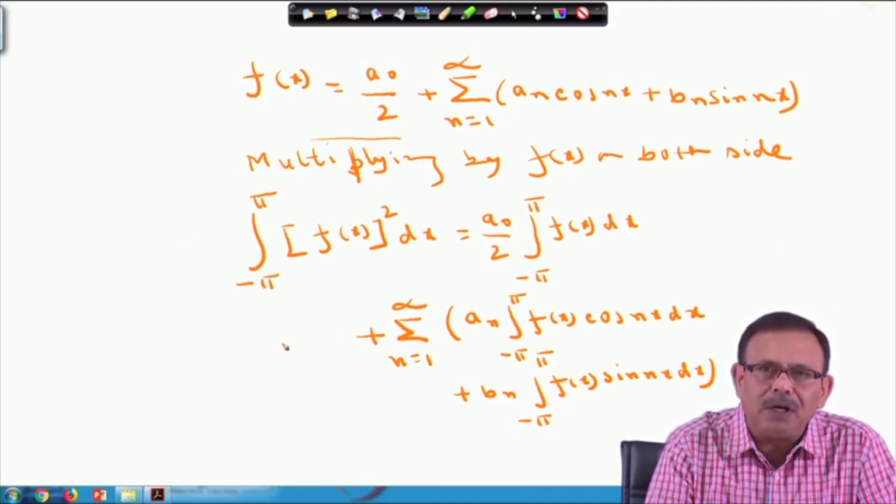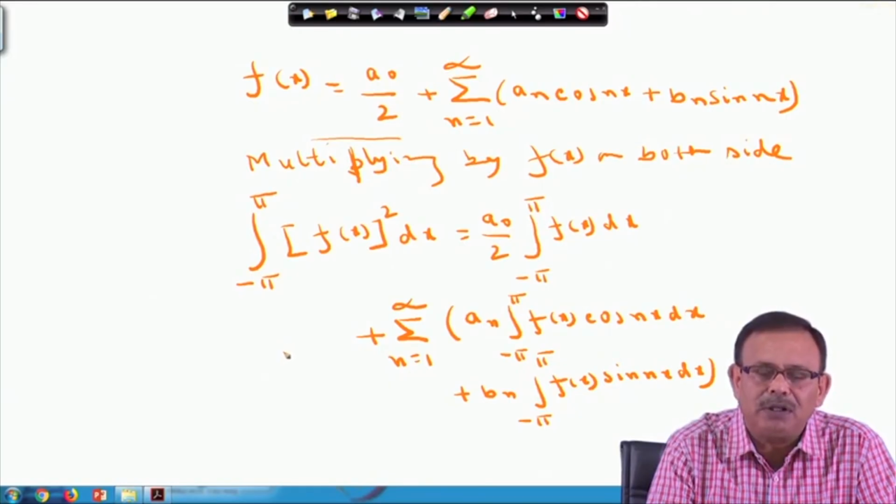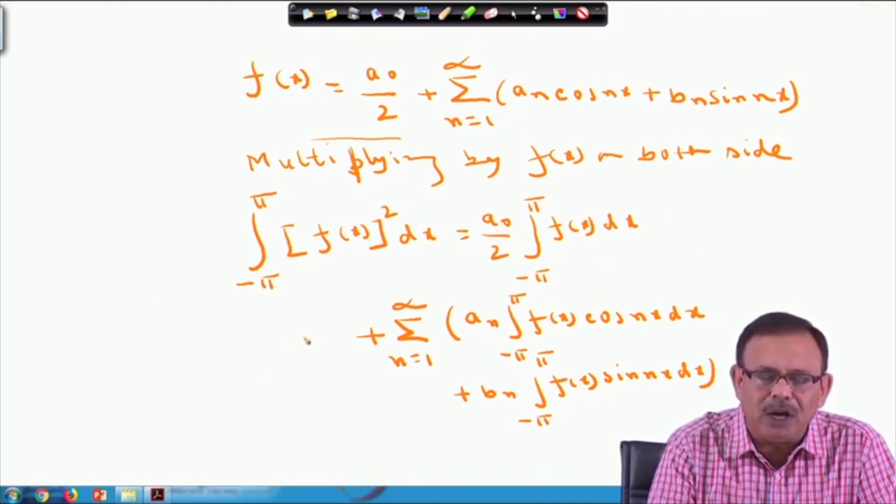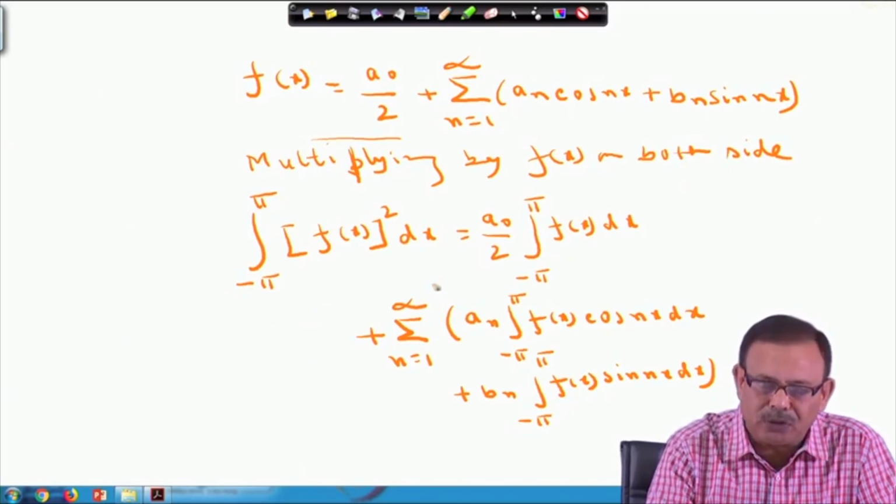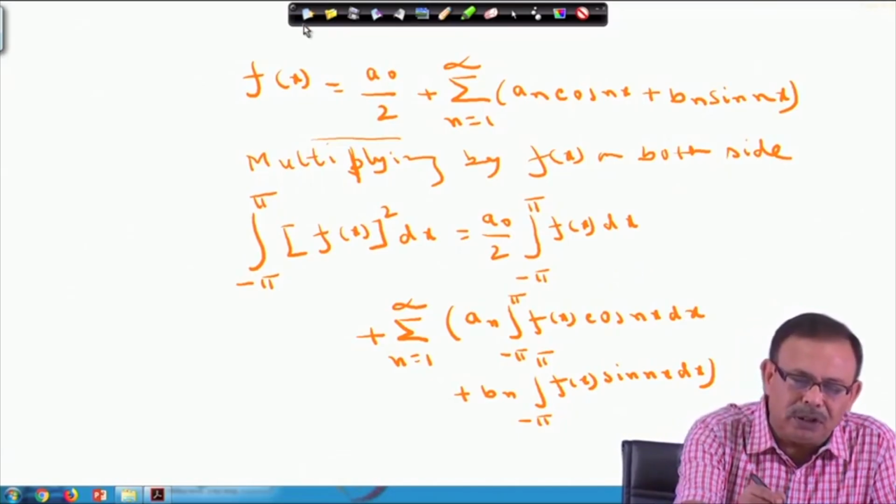This term by term integration of the series on the right hand side is possible only when the series is uniformly convergent, and for that reason the assumption has been taken that it is uniformly convergent in the given interval. So, once I do it, I will obtain this equation: the integral from minus pi to pi of f(x) whole square dx equals this quantity.